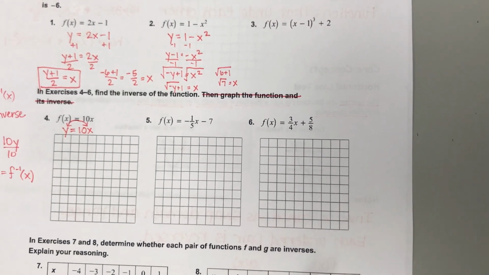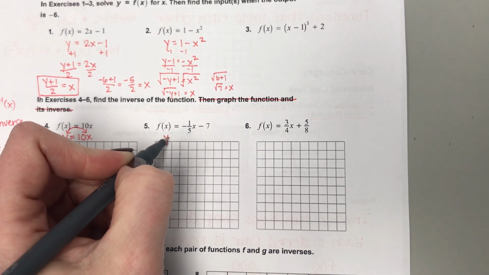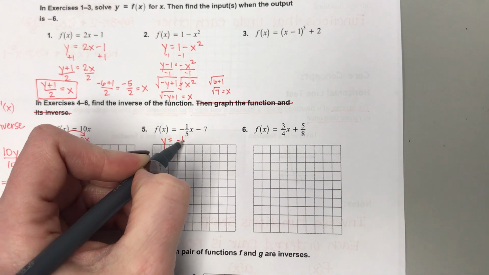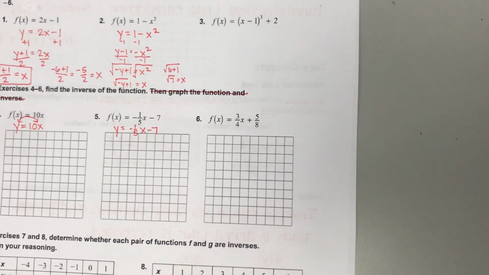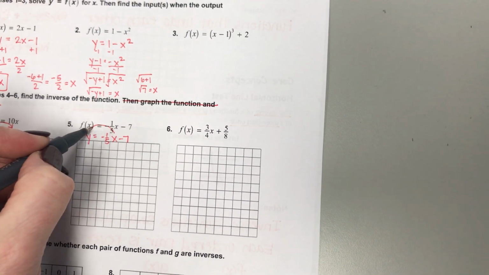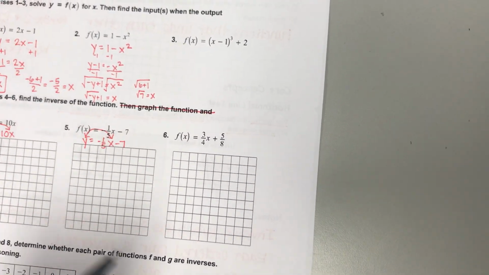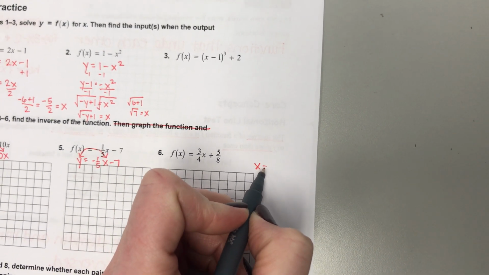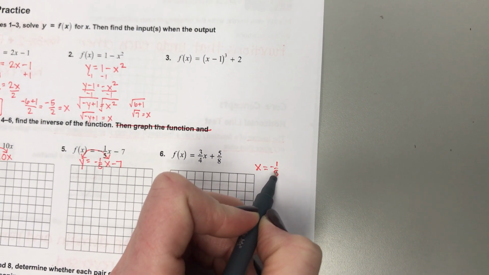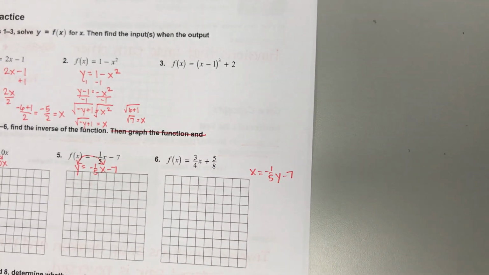Okay, so now if I look at number 5, I'm going to do the same thing. I'm going to call that y, and then I'm going to swap it out with my x. I'm going to write this over here because I don't really have room otherwise. So now I'm going to get y alone.